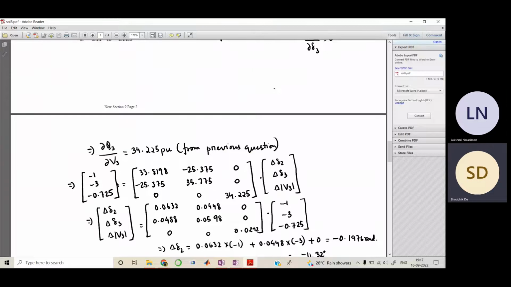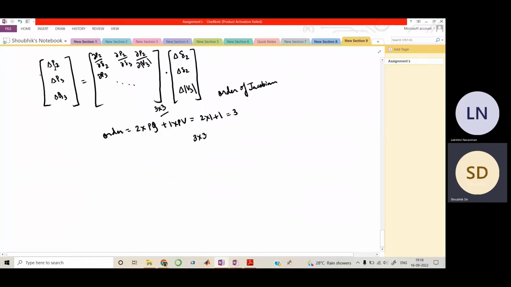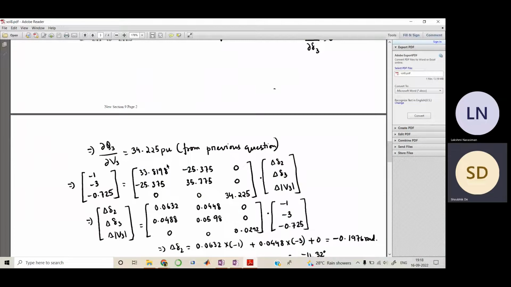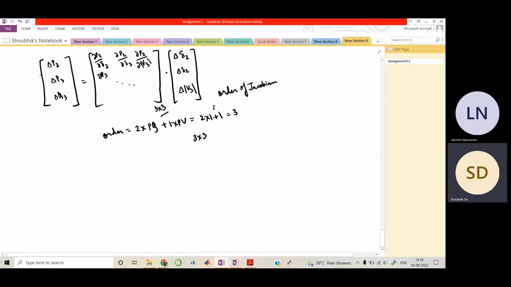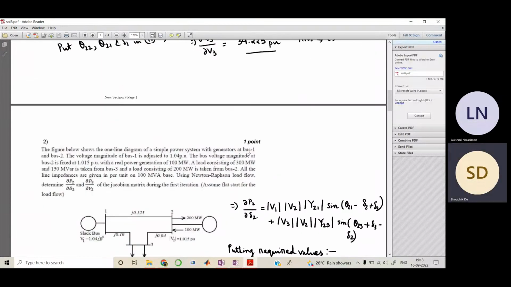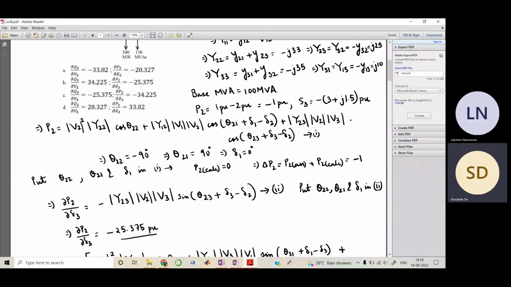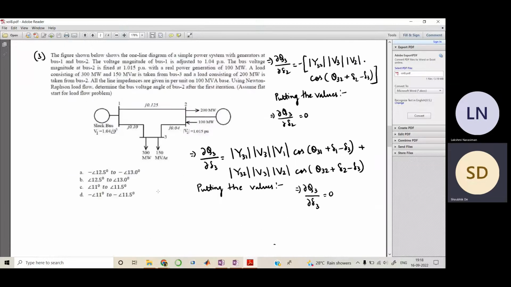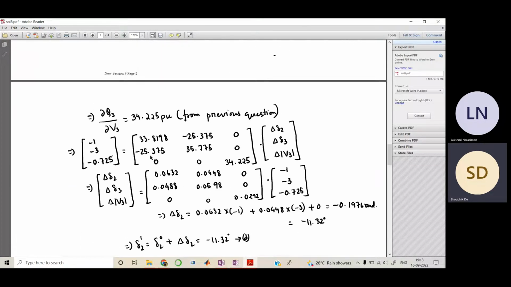Now here I have written this. If I take you back, this is del P2, del P3 and del Q3, these are the values here, and this is the Jacobian matrix. Each of these values I have just put here, and this is this matrix only. Del P2 we calculated, it was -1. Now what would be your del P3? Here I have written -3.